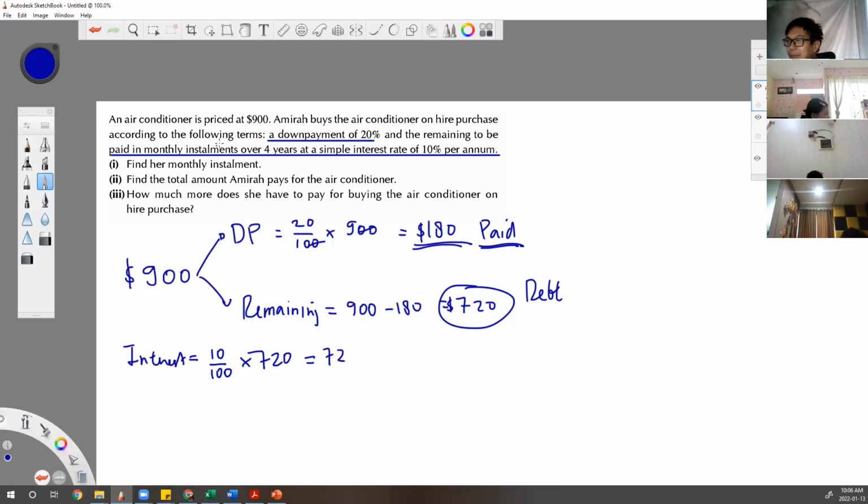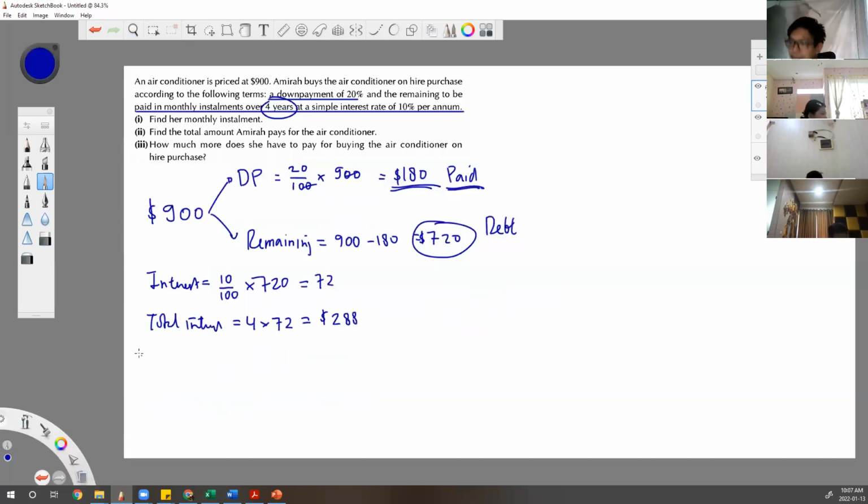Tapi dia bayarnya 4 tahun. Jadi total interest-nya 4 times 72. Right? Berarti $288. Interest-nya loh, berarti dia punya pinjam total berapa? Total owing-nya berapa? Ya udah 720 yang masih utang, ini kan paid berarti udah beres di awal gitu ya.